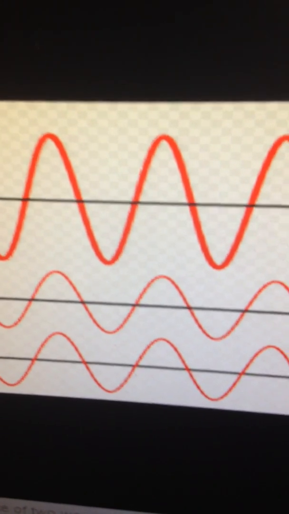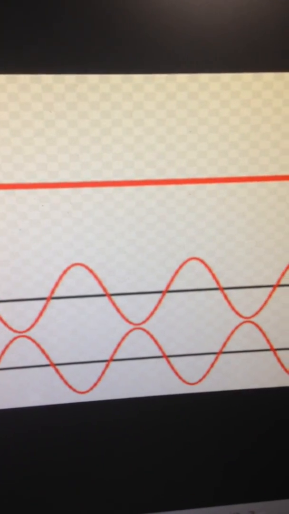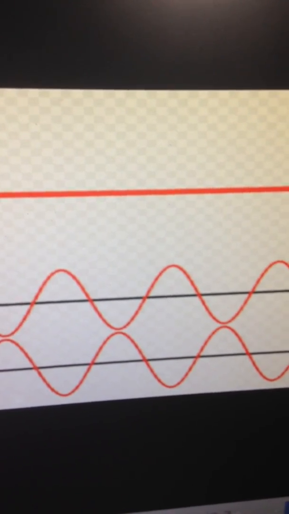If we move the speakers 40 centimeters apart, you get no sound, which is perfect destructive interference.